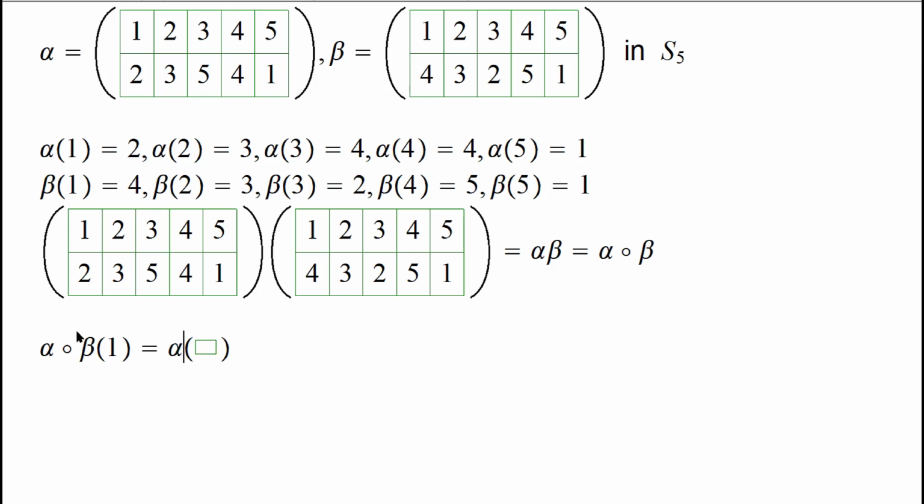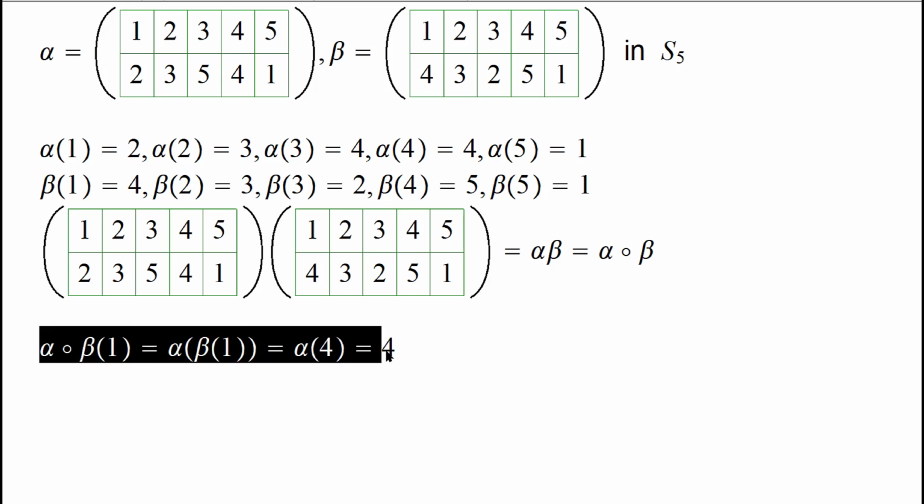So here alpha, then we will write beta of 1, and that gives me, if you look, beta of 1 is 4, okay, and alpha of 4 is 4, right? So under beta composed with alpha, 1 will go to 4.